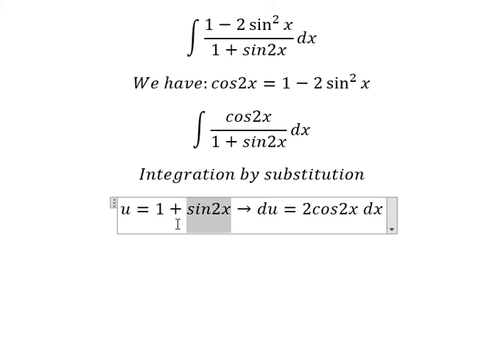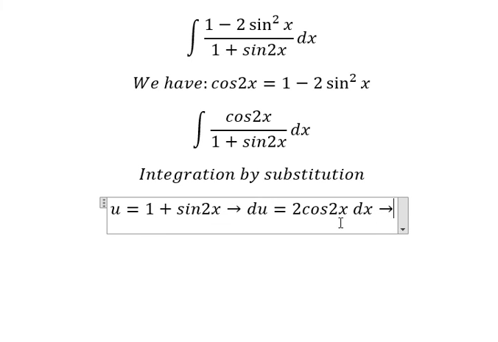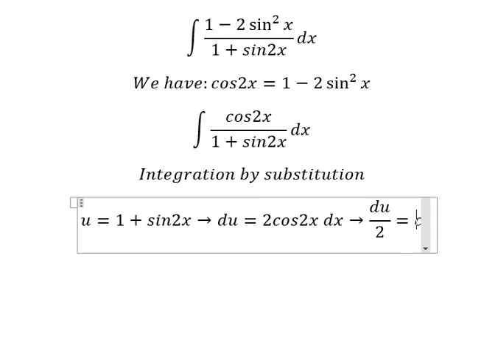First derivative of sine 2x, we have this one. This is the constant, so you get 0. Because we don't have number 2, we need to divide both sides by number 2.